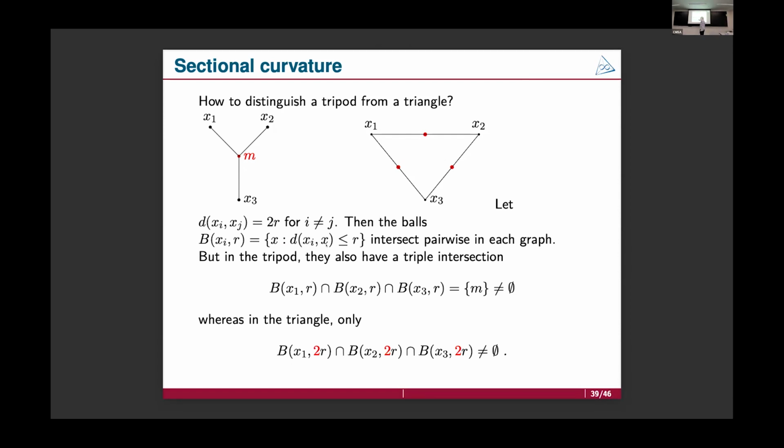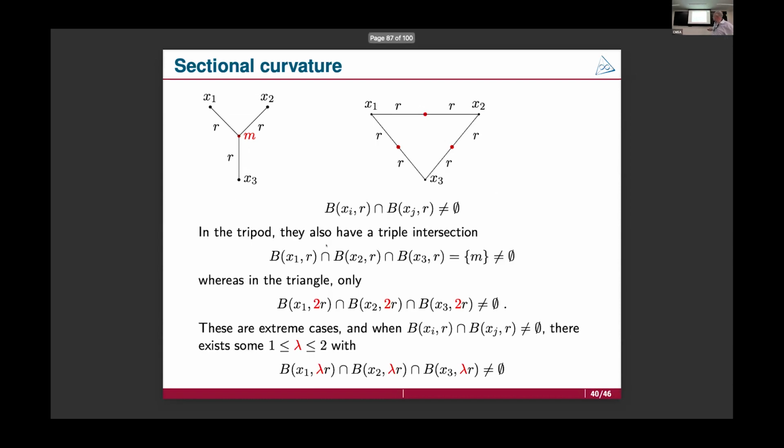All the balls of radius r, where the distances between the endpoints are 2r, intersect in a single point. But if we want to get a triple intersection in the triangle, we have to go to twice the radius. Here we only need radius r in order to get a triple intersection. Here we need radius 2r in order to get a triple intersection. That is the difference that we are capitalizing upon.